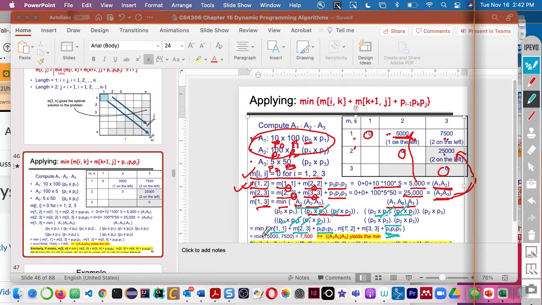So the minimum of this part will give us 75,000 and this part will give us 7,500. Which one is minimum? 7,500 is minimum, right? And we are getting this from this side: A1 and A2 multiplied first, and the result multiplied by A3. So this one yields the minimum value. Everybody understand?